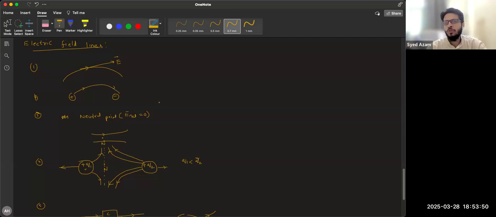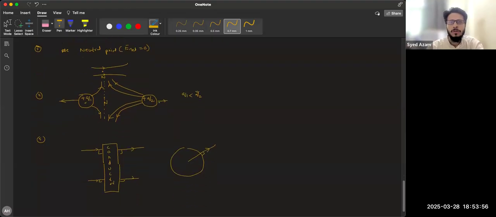So I'm not writing those properties that they start from a positive charge and terminate at a negative charge. If there is attraction, then field lines will contract. For repulsion, they will exert lateral pressure over each other. All these properties you can see here.